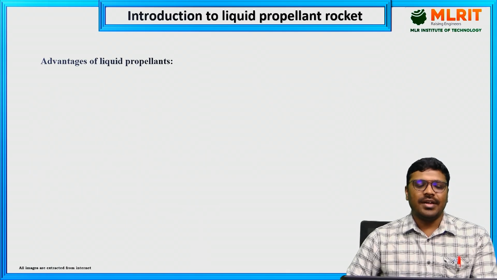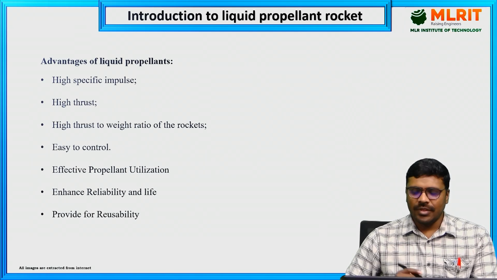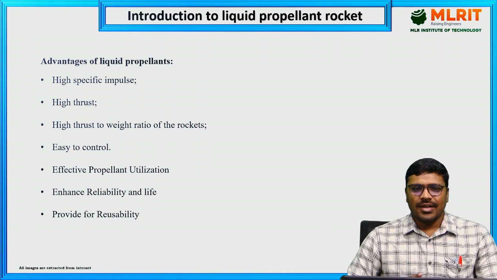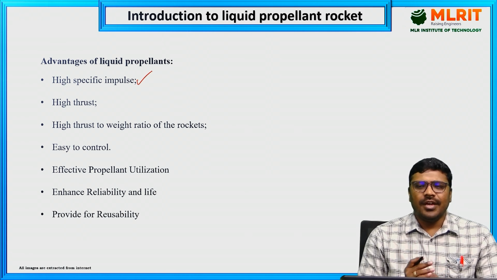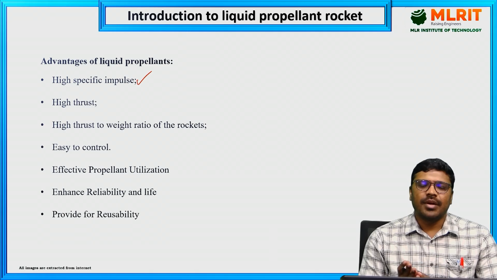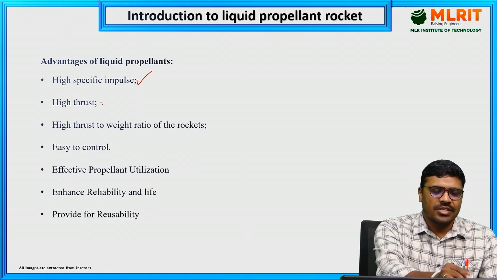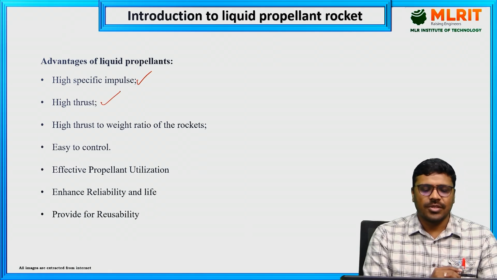These are the major components of a liquid propellant rocket. What are the advantages of liquid propellant rockets? The specific impulse is high, and we can produce a large amount of thrust compared to electric, electromagnetic, and electrostatic thrusters. So the thrust produced by the engine is also high.